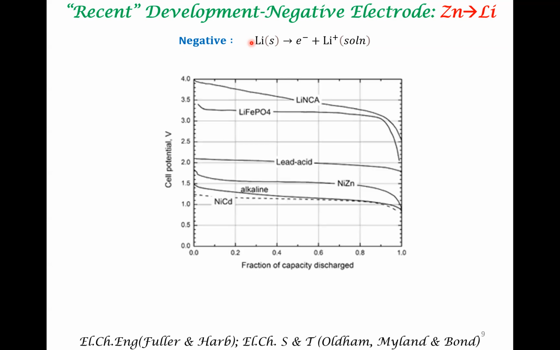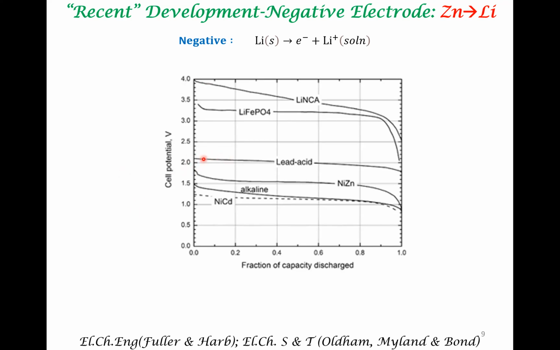And the second advantage is the reduction potential of lithium is very negative compared to other options like zinc and so on. Therefore, all the lithium ion batteries have significantly higher cell potential.